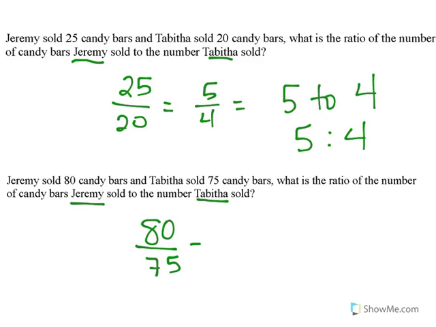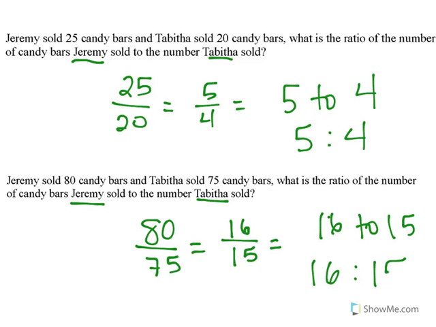Let's divide the top and bottom by 5. 5 goes into 80 16 times, and 5 goes into 75 15 times. So if we wanted to write this as a ratio, we could say 16 to 15, or we could say 16 colon 15. It means the same thing. Okay, that's it for that one.